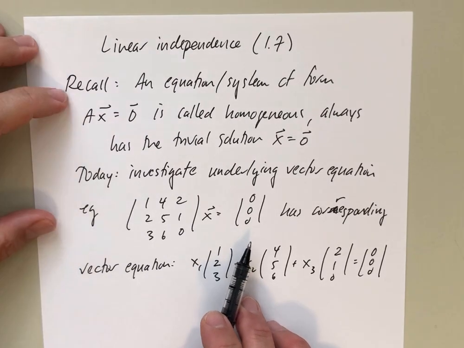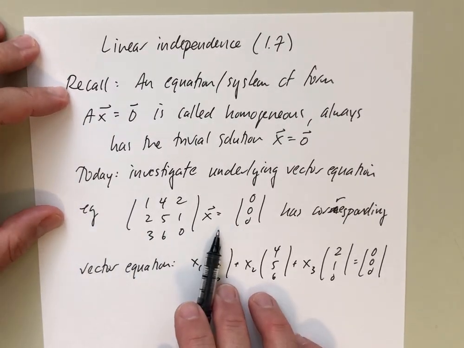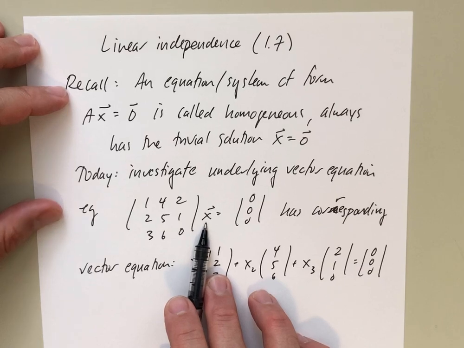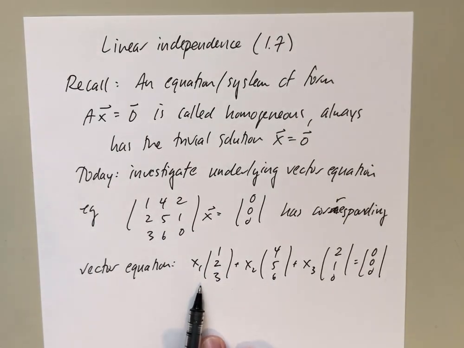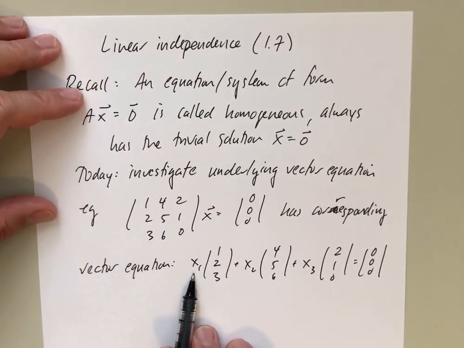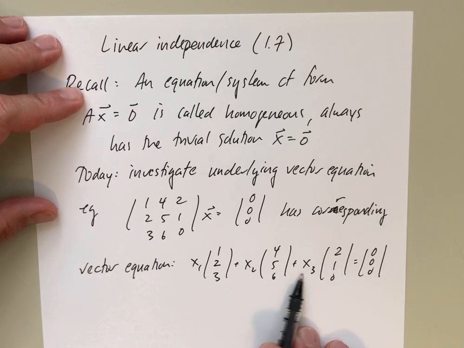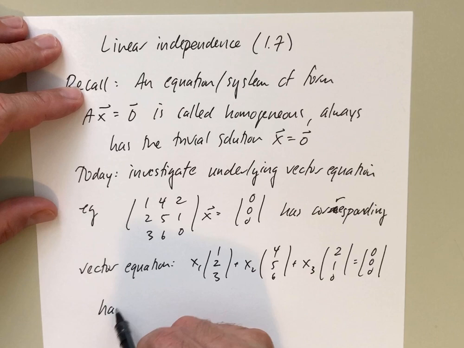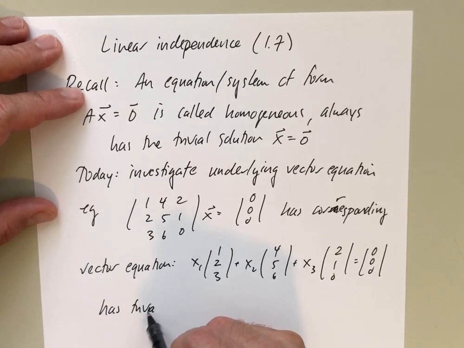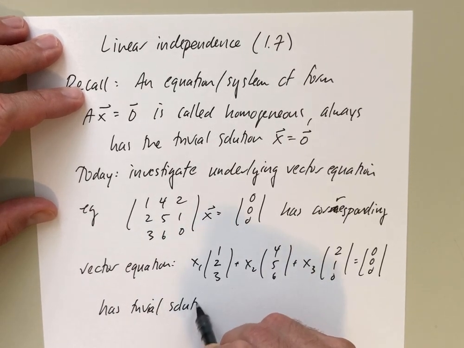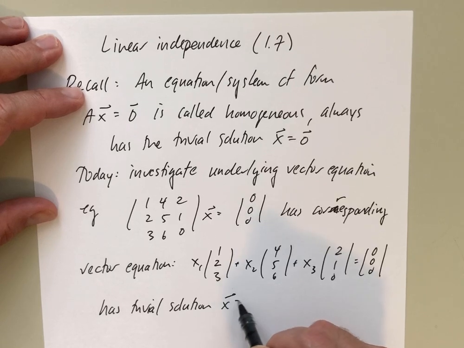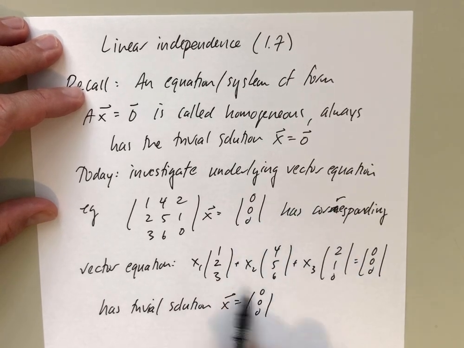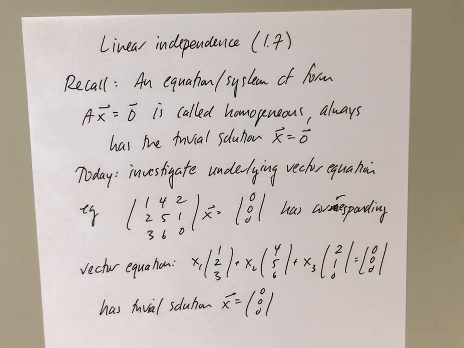As we said before, this system always has the solution where you take x to be 0. If I take x1 to be 0, x2 to be 0, x3 to be 0, it also works. So this, again, has the trivial solution, x equals (0, 0, 0), where I've taken every value of those weights to be 0.